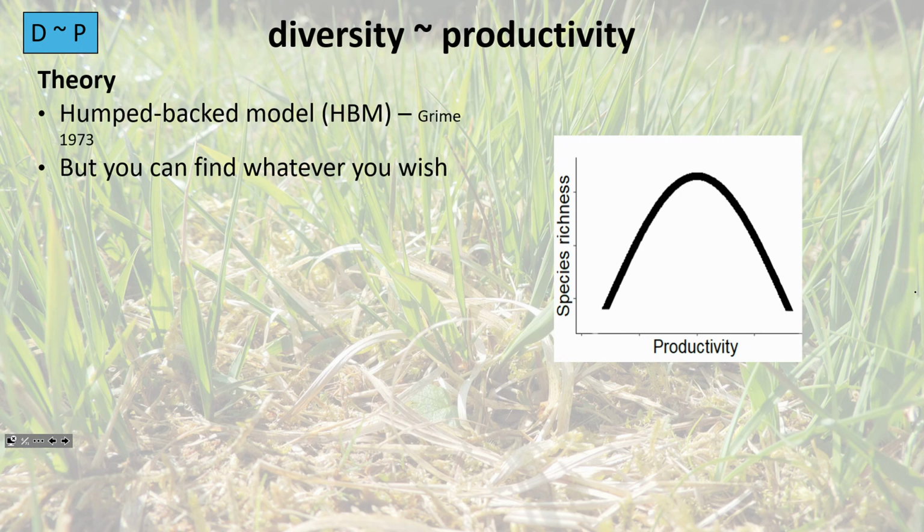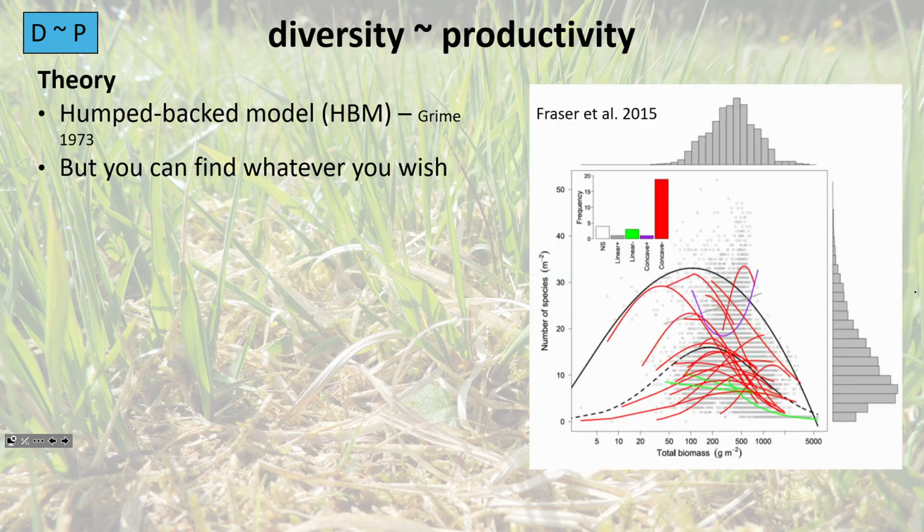So, first part, predicting diversity by productivity. In theory, we could expect something like this, some unimodal hump-shaped model, where this is theoretical and this is from real observational studies. This is typical for temperate grasslands, but it has been described by many authors across the world.